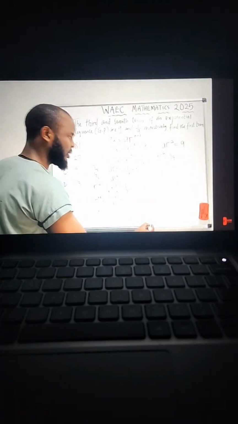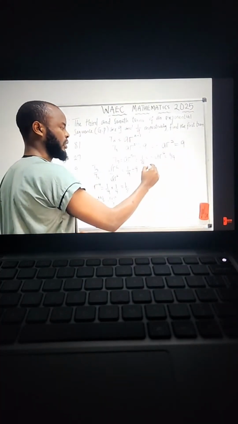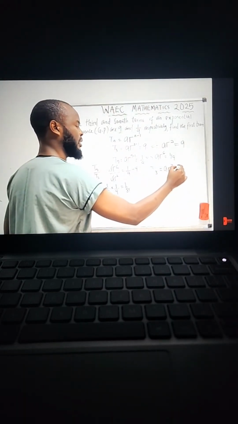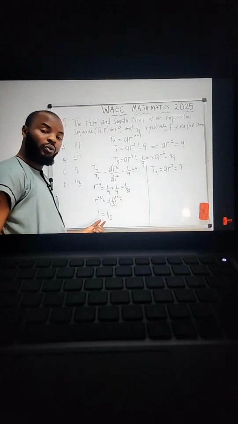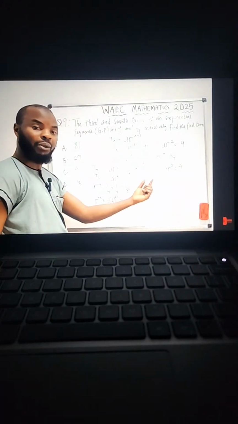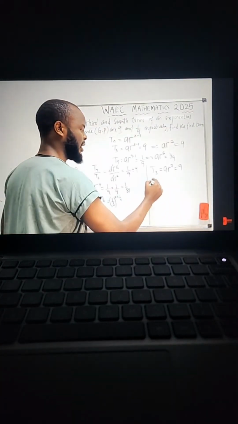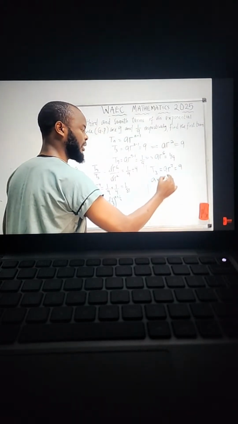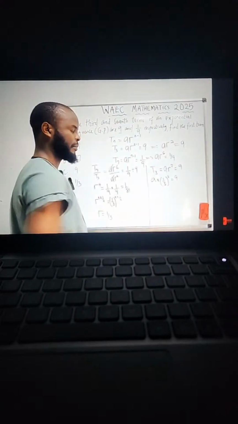Now, let's go back to T3. Recall that our T3 is AR squared equals 9. Now, we've gotten what our R is, and we can get what our A is. Here we have A multiplying by R, which is 1/3 squared, equals 9.